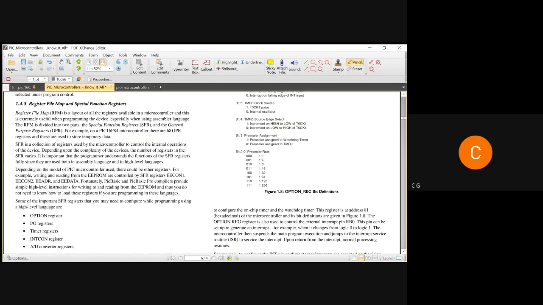So 1 is to 2, 1 is to 4, means when the internal oscillator clock pulses are 2, it gives 1 clock pulse to the program, or 4 is to 1 or 8 is to 1. So this way it is prescaled. Once people know this, they can generate the particular clock operation from this prescaler rate, dividing the second into this many parts, 128.